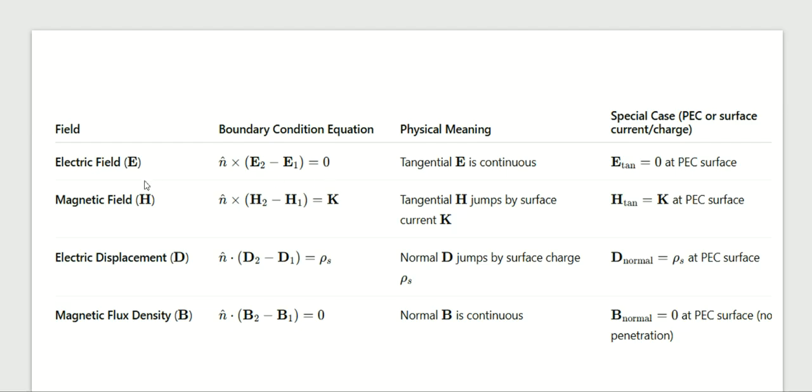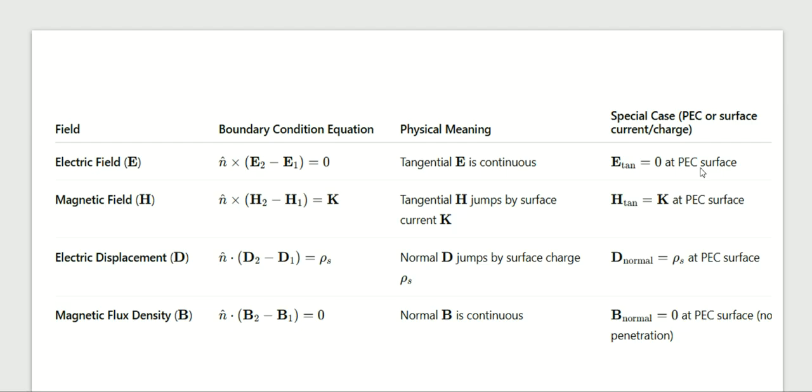For the electric field, which we already know at this point, it's the normal vector n crossed with the difference between the second and the first electric field at two different points, equal to 0. When you see something equal to 0 and you have a subtraction, it means both quantities are equal. So the tangential electric field is continuous, where tan stands for tangential, and is equal to 0 at the PEC surface.